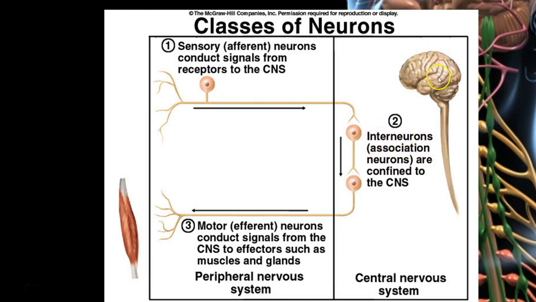Once a decision has been made, the decision to move or the decision to cause an action or to look at the painful stimuli that's happened would come by sending out messages from the spinal cord out into motor neurons, which would then travel the distance to the appropriate effector to cause the action to occur. And in this case, you can see it's a muscle, and that would cause a muscular contraction, like lifting your hand up that was scratched to have a look at it to see what was going on.